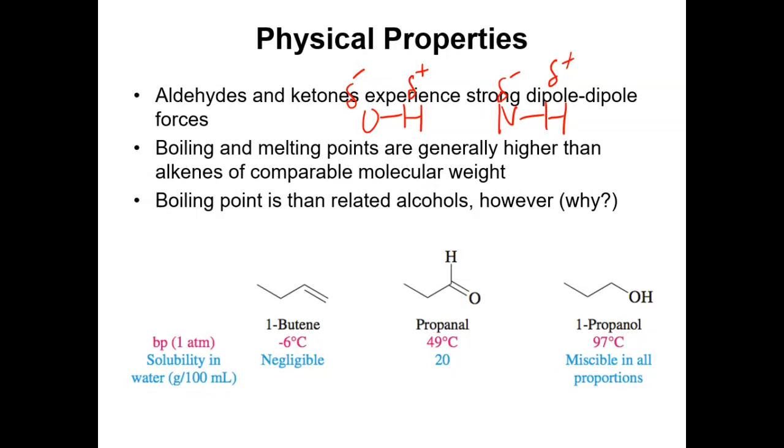But for ketones and aldehydes, you have neither an OH nor an NH bond, so they cannot form hydrogen bonds by themselves. So their boiling point is also appreciably lower than alcohols with similar molecular weight, because alcohols, as we know, have both hydrogen bond donors and hydrogen bond acceptors.